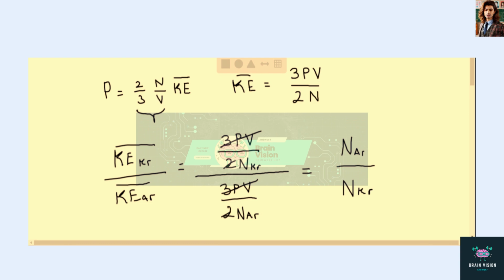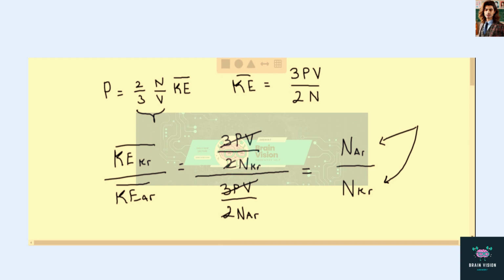Okay. So this is looking pretty good. However, we actually don't know what the number of argon molecules is, or krypton molecules, right? We have the masses of the gases. So we're going to have to go between number of molecules and masses somehow.